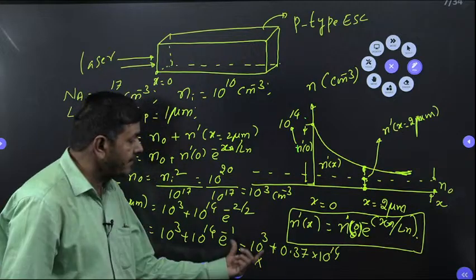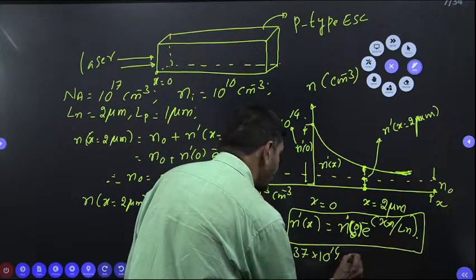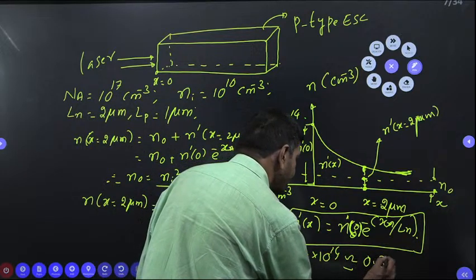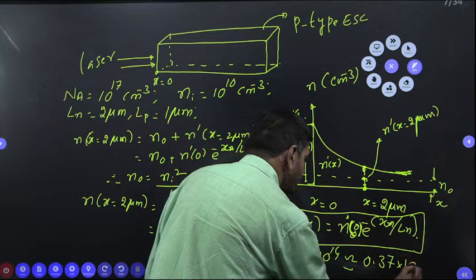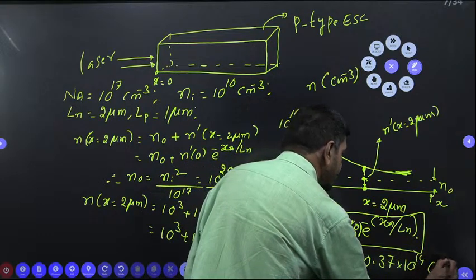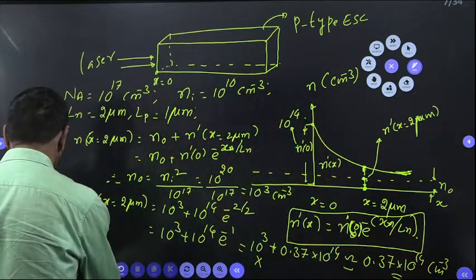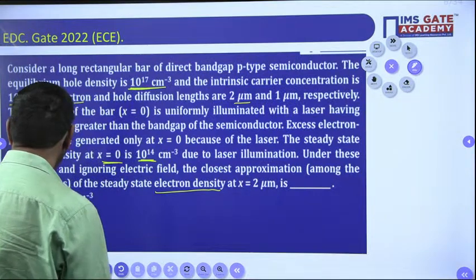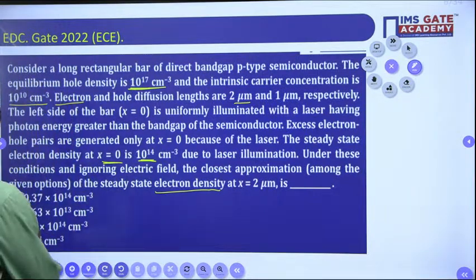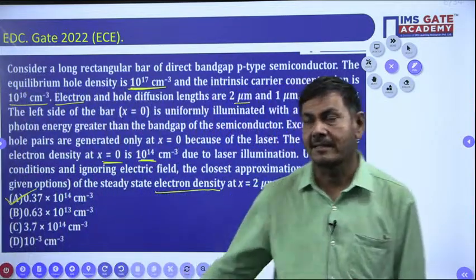Finally, it is approximately equal to 0.37 into 10 power 14 per cm cube. Option A is correct, I can say. This option is correct. Which option is correct? Option A only here is correct. This problem will come.